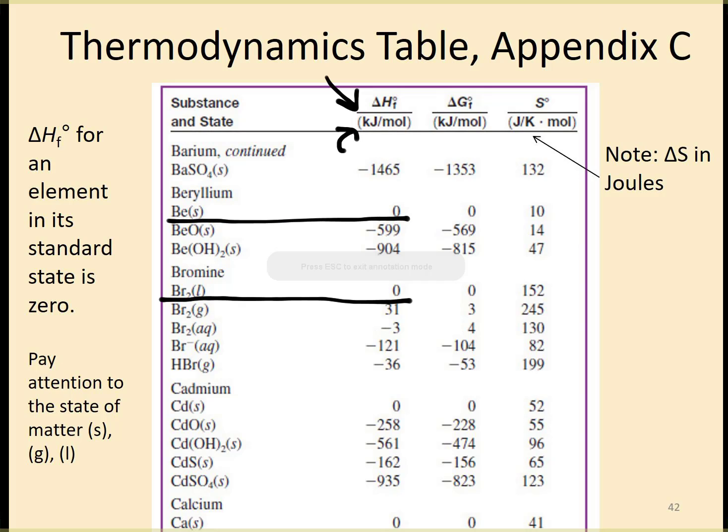So if you're looking for a certain formula and it's not on your chart, look and see if it's an element, because if it's an element, then you know that it's going to be 0. And that goes for the diatomic elements. So this is liquid bromine, Br2, and it has an enthalpy of formation of 0. Also, be very careful and pay attention to the states of matter. They might give you H2O as a liquid or H2O as a solid, and they will have different values.